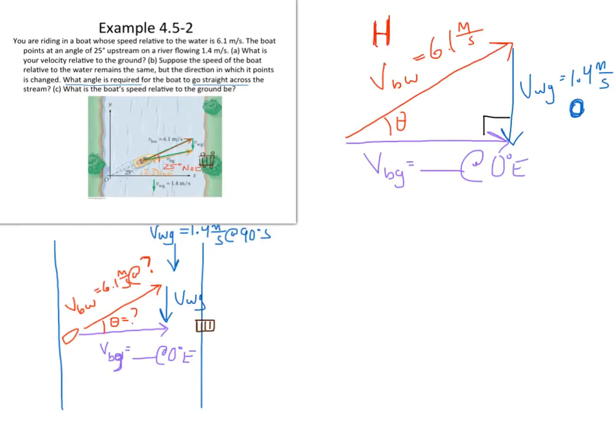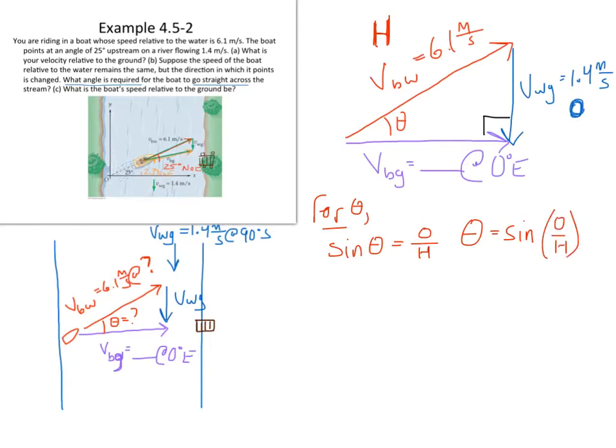Okay, so for our angle theta, what sides do we know? We know our opposite and our hypotenuse. So what trig function is that going to include? We know that the sine of an angle theta equals the opposite over the hypotenuse. So if we want to find the angle itself, the angle is going to be the inverse sine of the opposite over the hypotenuse.